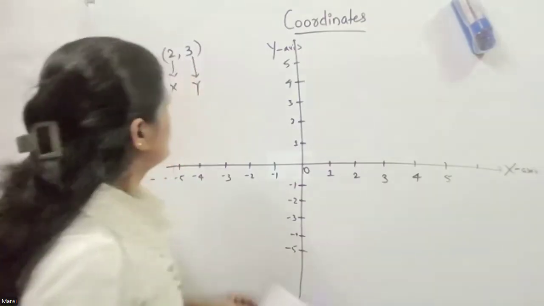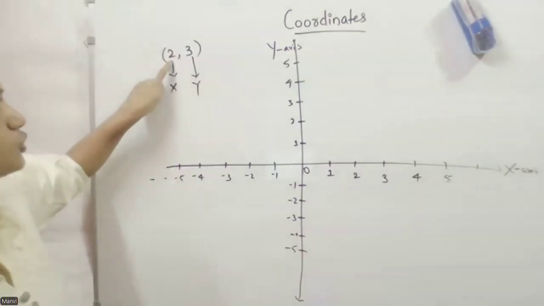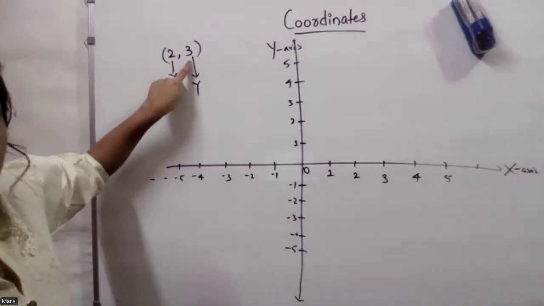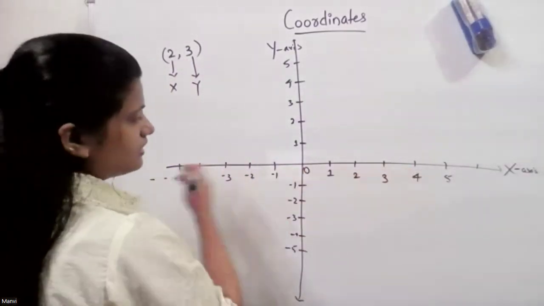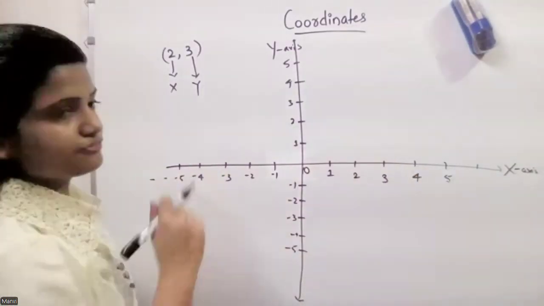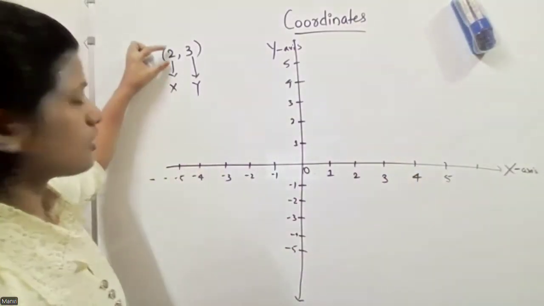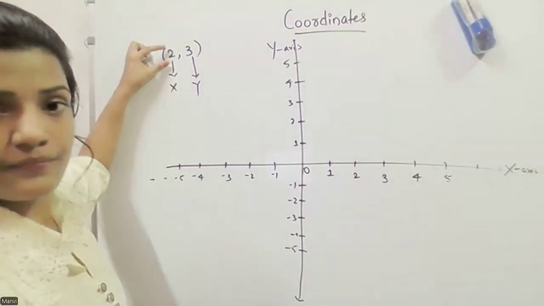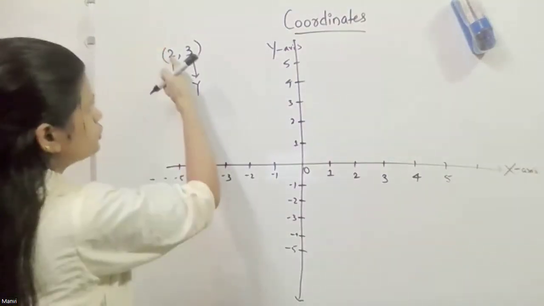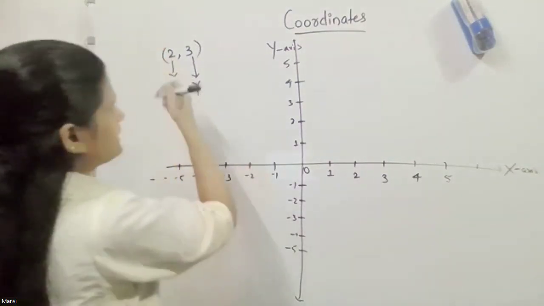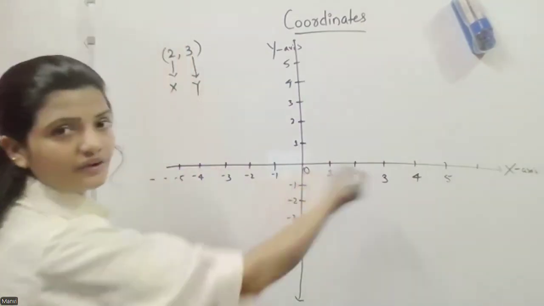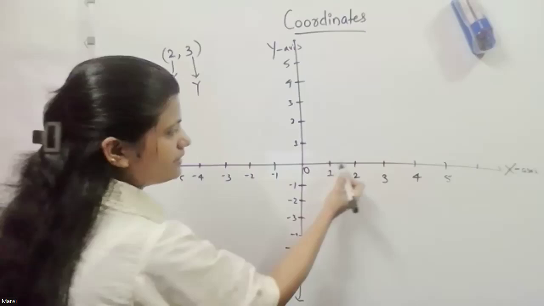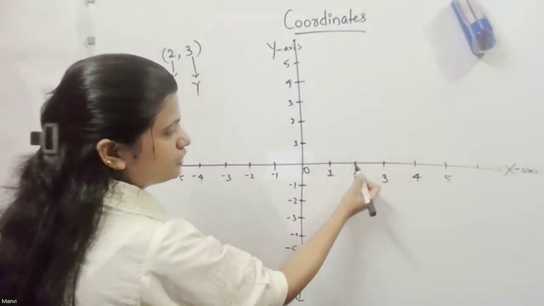So this point is where? (2, 3). The value of the x-axis, the across value, we always denote first. So we need to move 2 units right, as this 2 is given as a positive value. So we are moving in the right direction: 1 and 2. This is the value of x.